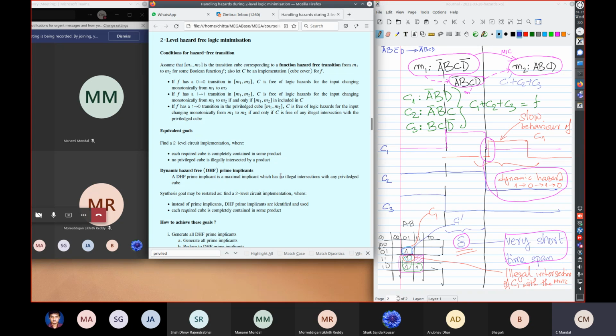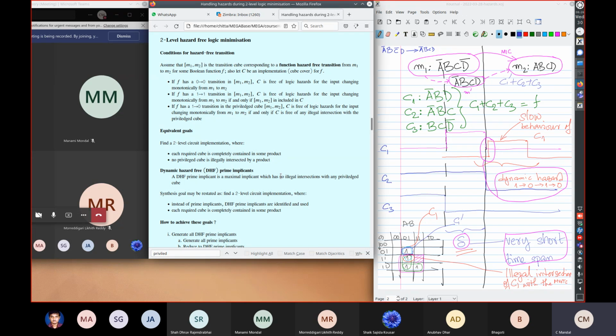So as you have seen, 0, 0 transition is all right. 1, 1 transition, we have seen that it is free of logic hazards for inputs changing from M1 to M2 if and only if the transition cube is included in C. All right.